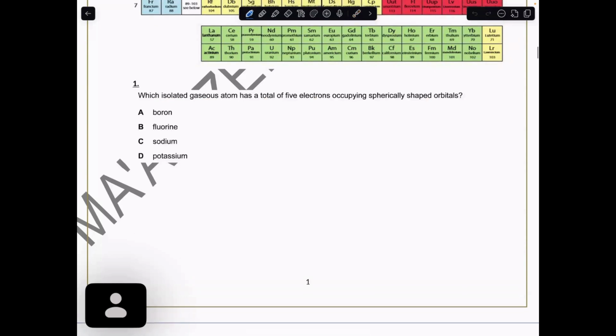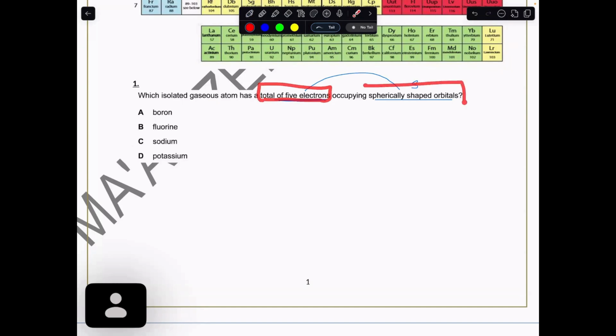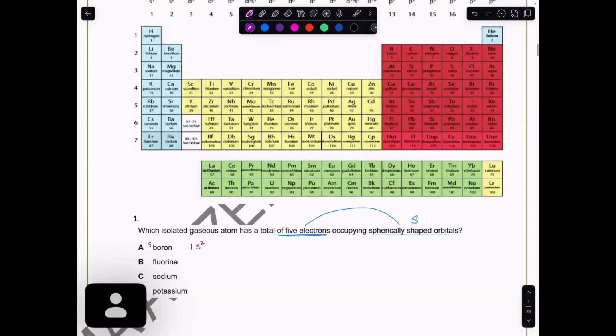Spherically shaped means s orbitals. So what are you supposed to do? The simplest way, don't waste your time, look for the configuration, because you have to find all the electrons. So you need the configuration.